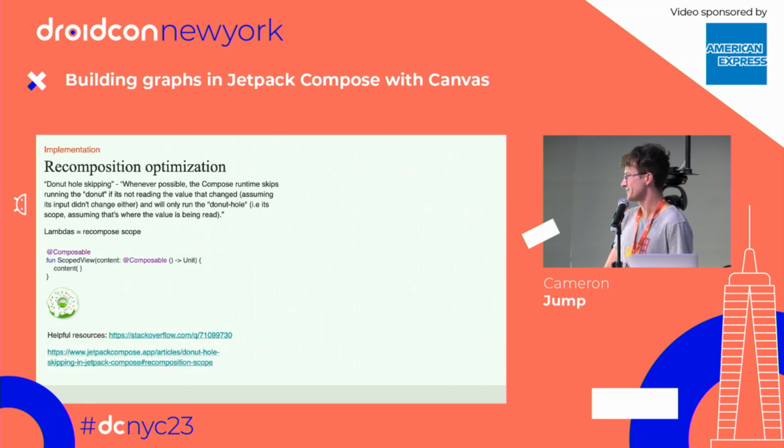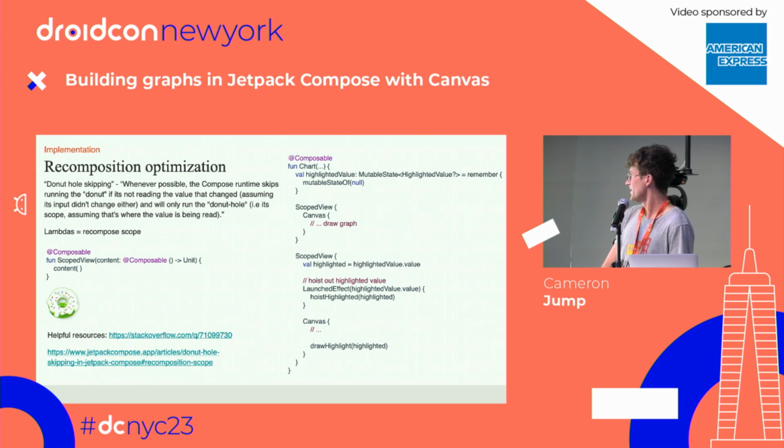So this is a nice little trick that just helps you visualize it. It's not really necessary, that I found on Stack Overflow, but it's this idea of wrapping your composable in another composable, and so you can see the actual scope. So in the top, I have my mutable state, and it's outside the scope of both the canvas and the highlight canvas.